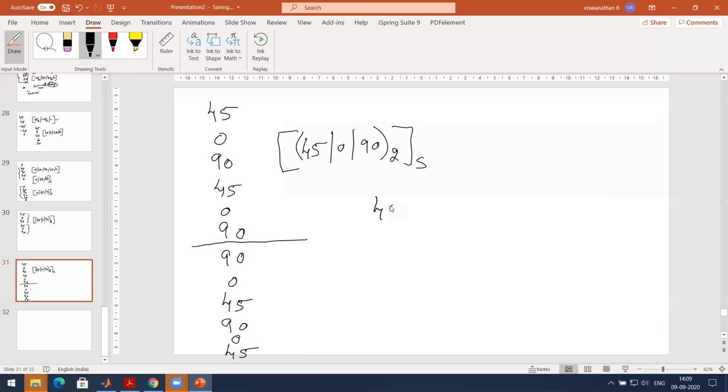How do you write it? 45 slash 0 slash 90, and then put a symmetric subscript. Correct. This is symmetric about this axis, no? Yes, sir.